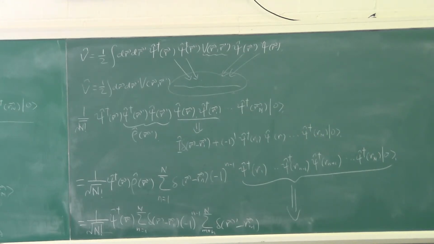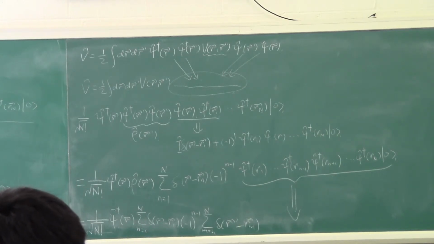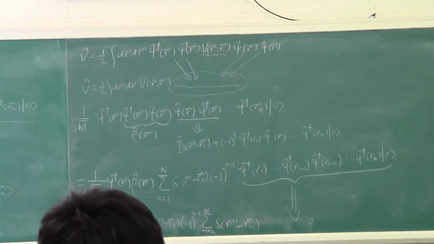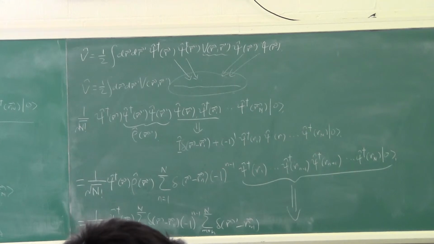Okay, and there is a minus 1 to the n minus 1 power. And this wave function operator at r is appearing at the front of the list. Okay. And then over here we have r1, r n minus 1, r n plus 1, correct? That was what we got over there, right?